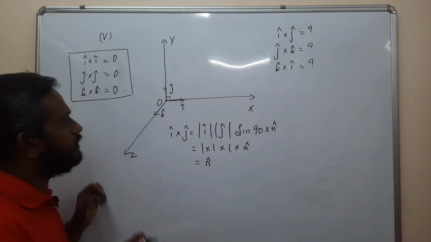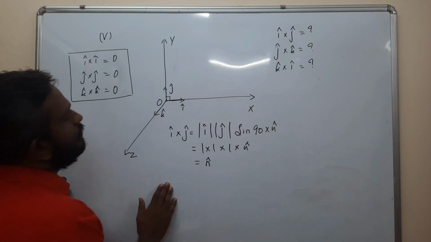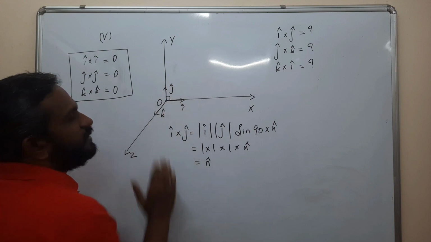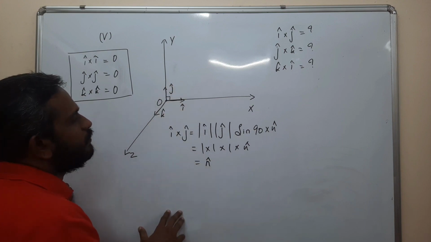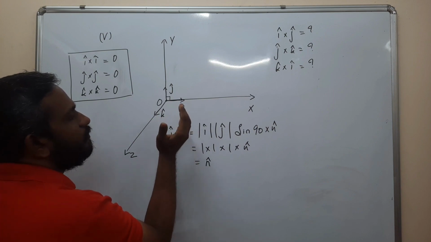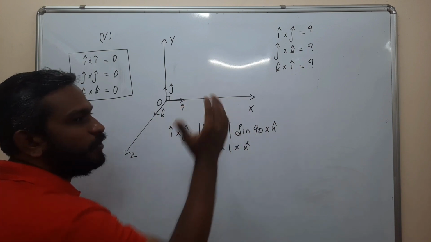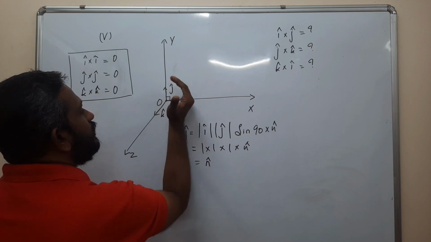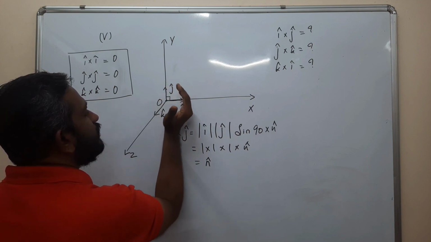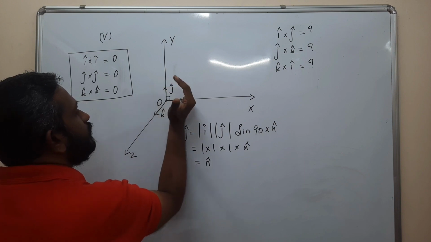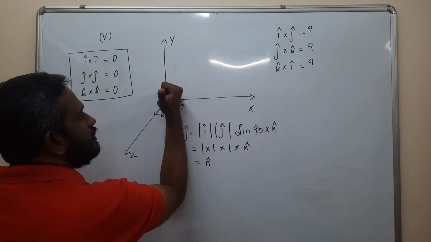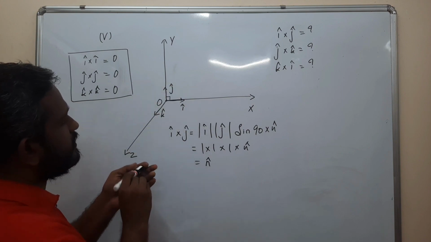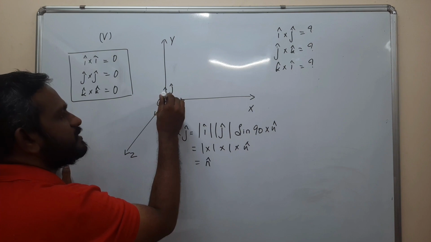So what is the direction of the unit vector? For I vector cross J vector, we find the direction using the right hand thumb rule. From I vector to J vector, we have to rotate, that is curl, our fingers. This is the X axis, Y axis, and this is the Z axis.